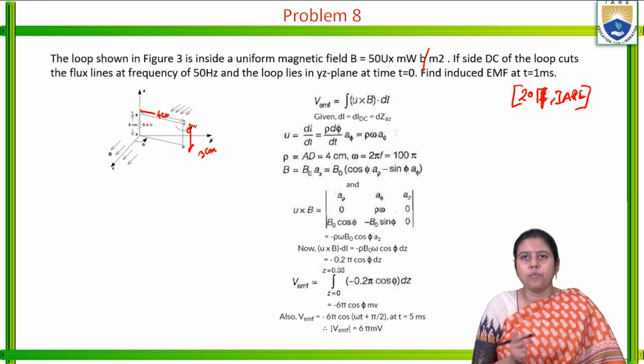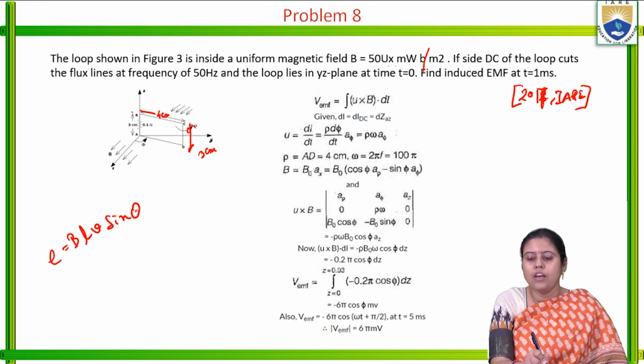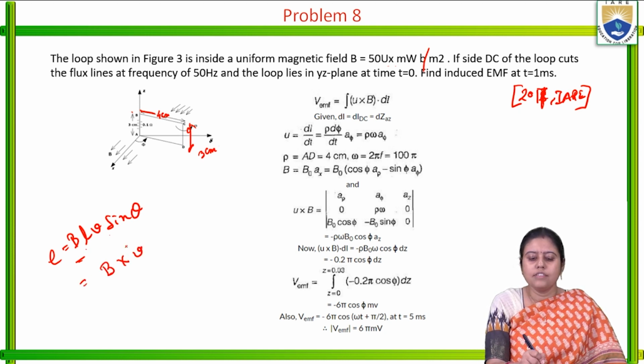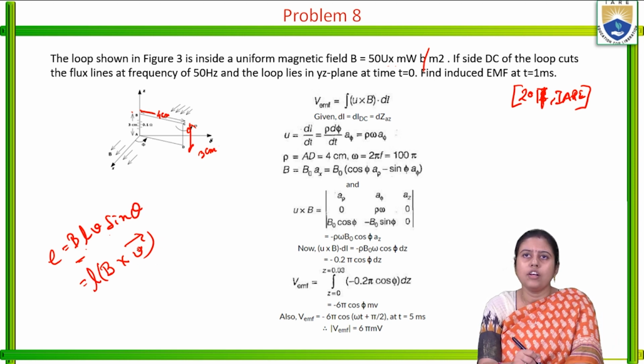So we will again use the formula E is equal to BLV sin theta. So first B value is given. So BLV sin theta can be written as B cross V into L. So we have to calculate B cross V.